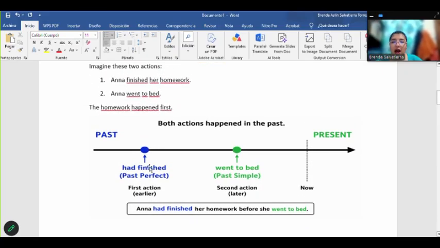So had finished. Okay, Anna had finished her homework, and went to bed is the second action that happened later, so it has to be in simple past. And now we can say Anna had finished her homework before she went to bed.